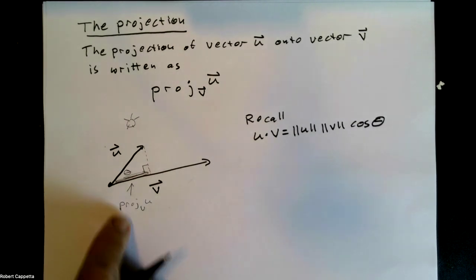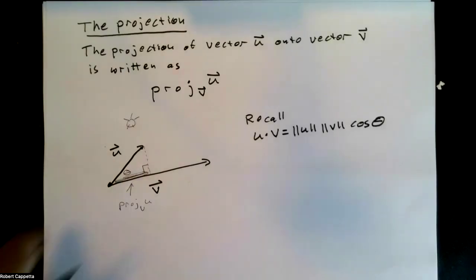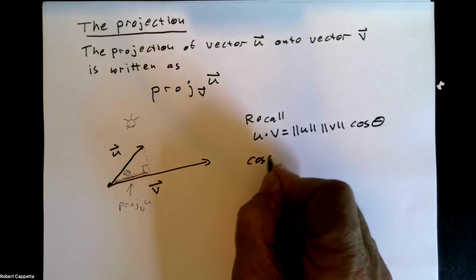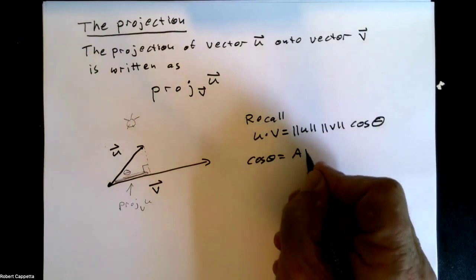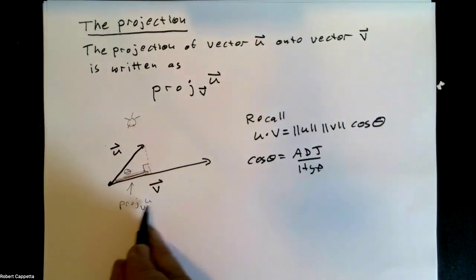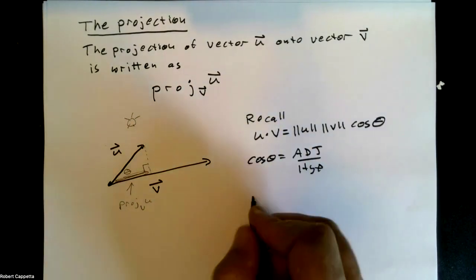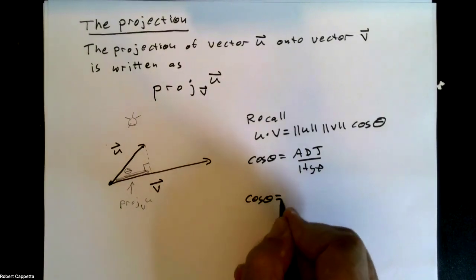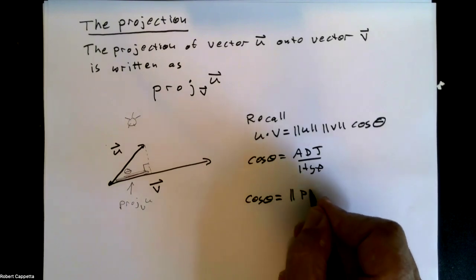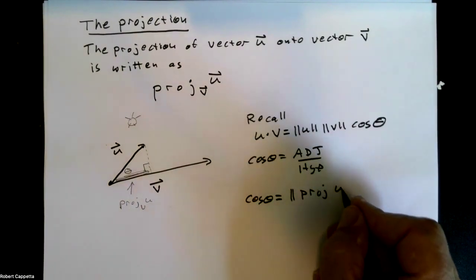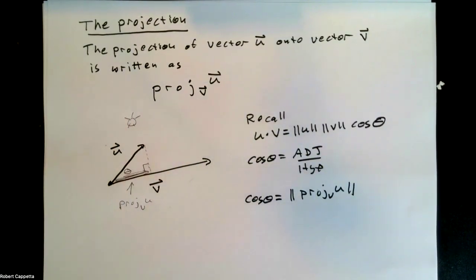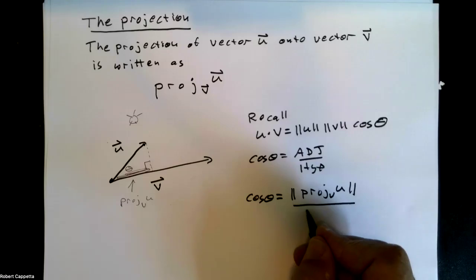But looking at this picture, what do we know here? Looking at this triangle, the cosine is the adjacent over the hypotenuse. So using that fact, what do we get here? The adjacent is the magnitude of the projection of u onto v. So cosine of theta is the magnitude of the projection of u onto v divided by the hypotenuse here, which is u, or the magnitude of u.